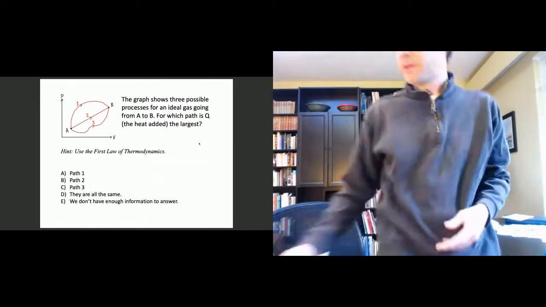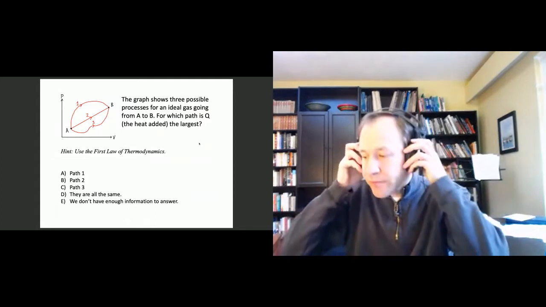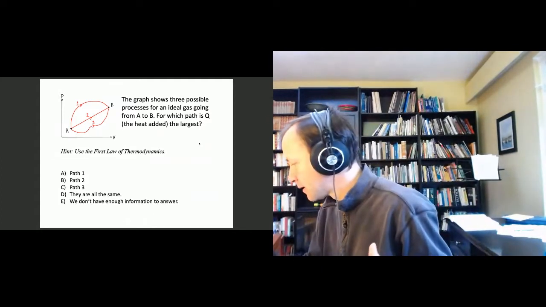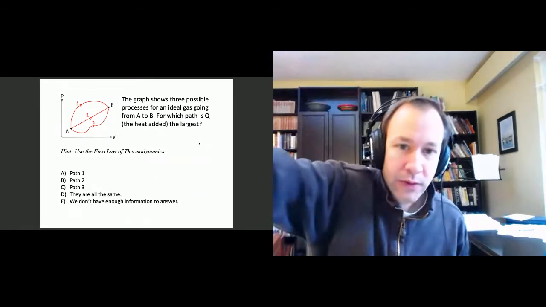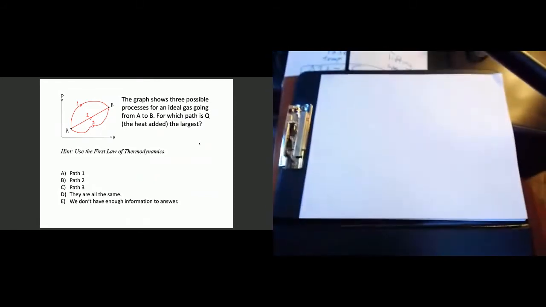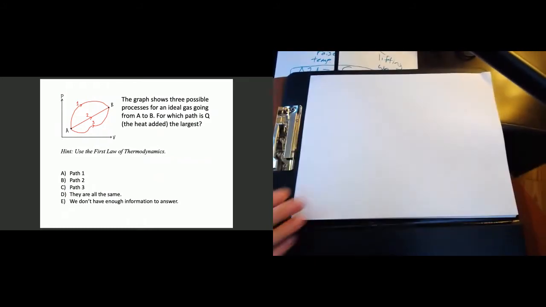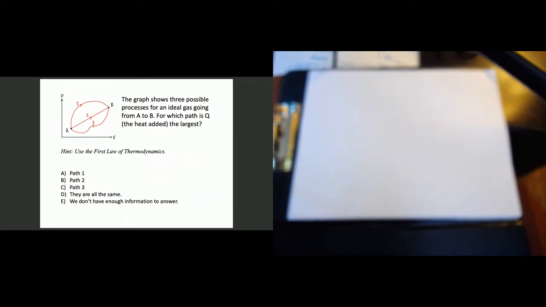All right. So hopefully you've had a chance to think about that. And so in this process, this is a good example where it's not really obvious, just looking at the graph.